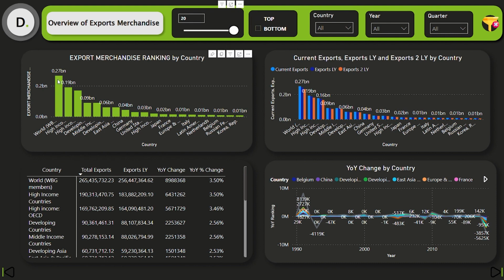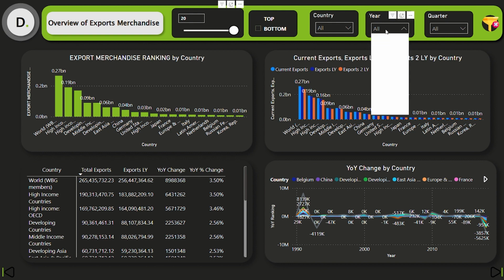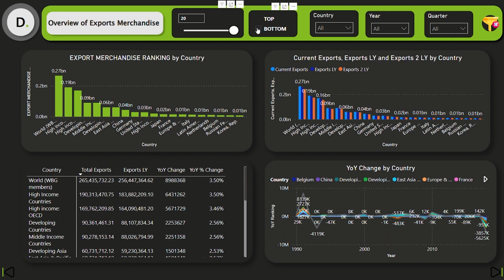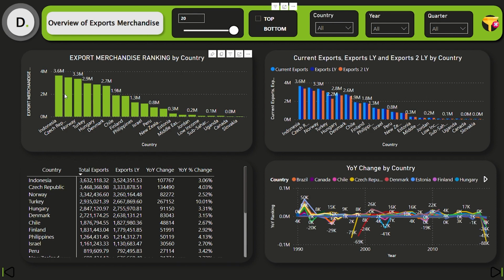So we can see the bar chart which shows us the top 20 countries with the most exports overall, as we compare the years from 1989 to 2018, right? So let's see which are the top 20 countries in 2010. Still, there is no change, which means that all these nations have performed stable, like very well they have performed, right? Now, also let's have a look at the bottom 20 countries which didn't perform well.